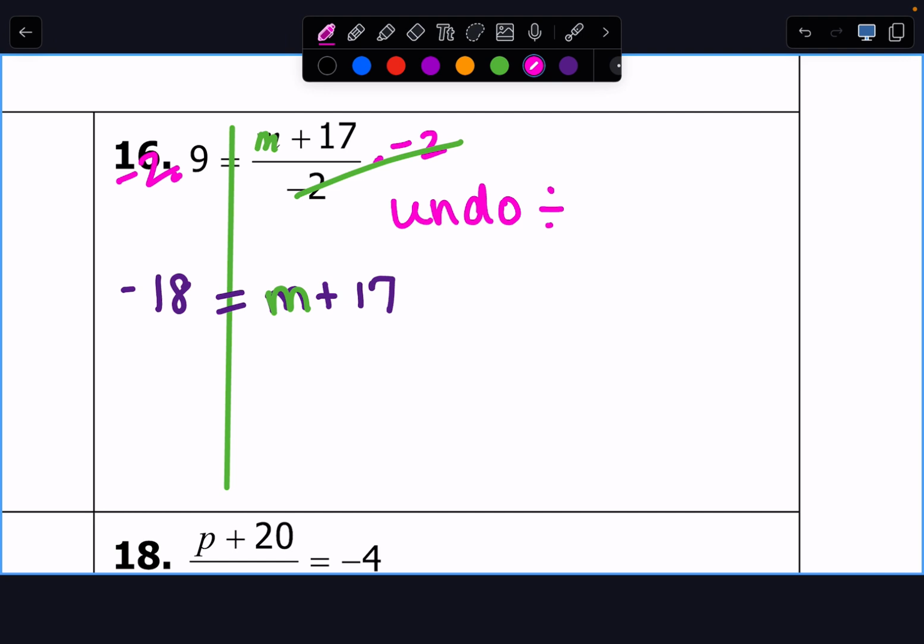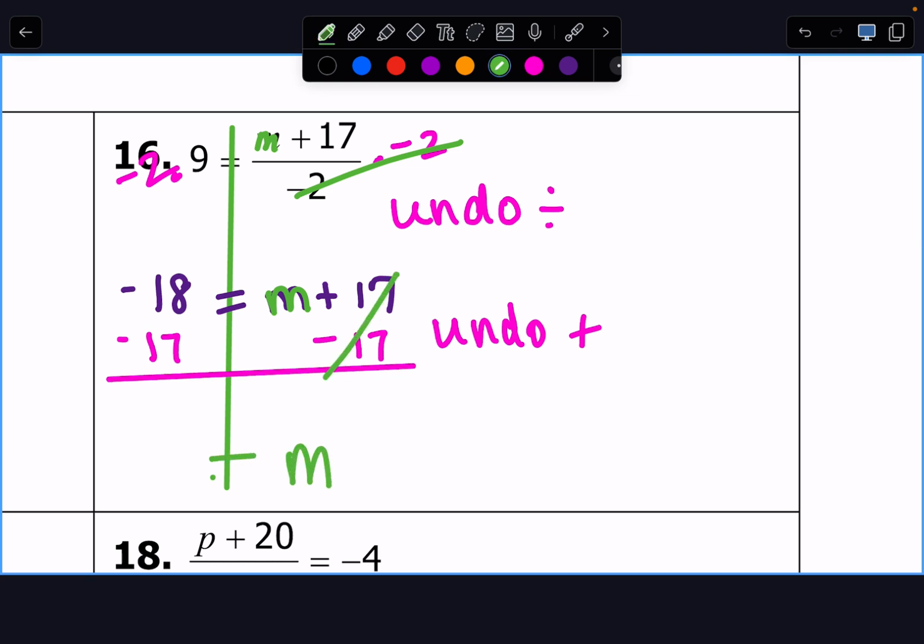Okay, how do we undo addition? All right, we're going to subtract 17 from both sides. Don't get too carried away. m equals negative 35. Thank you.